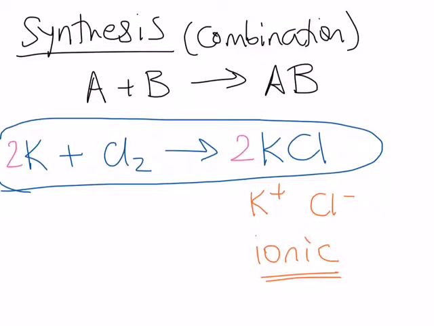Okay, let's try decomposition reactions. Decomposition reactions are usually unfavorable processes. They usually require energy to get going. All reactions require a little bit of activation energy, but these always need a lot of energy.